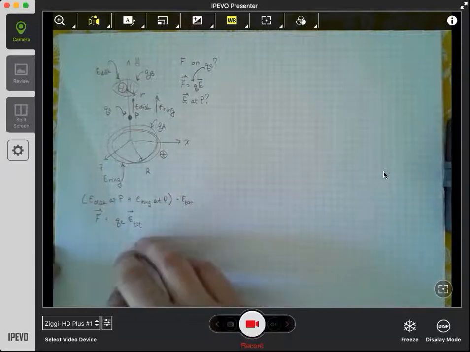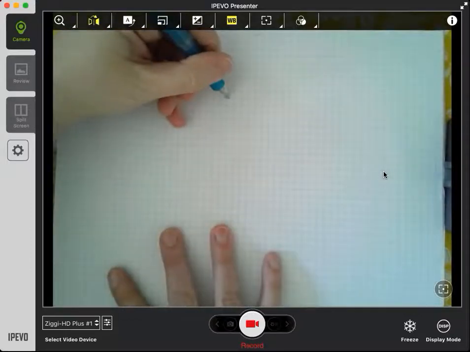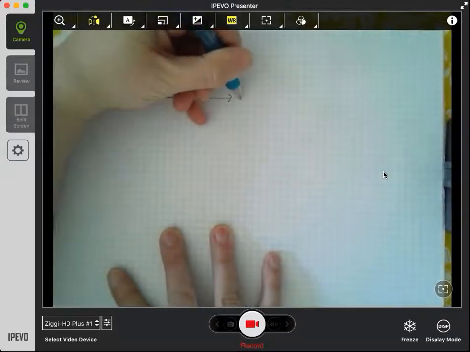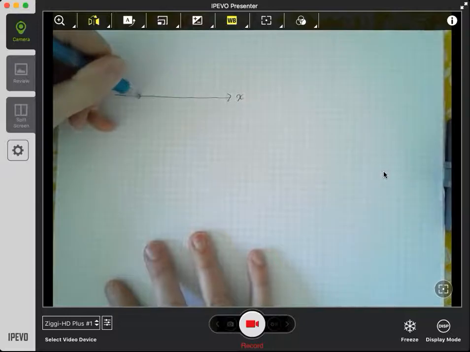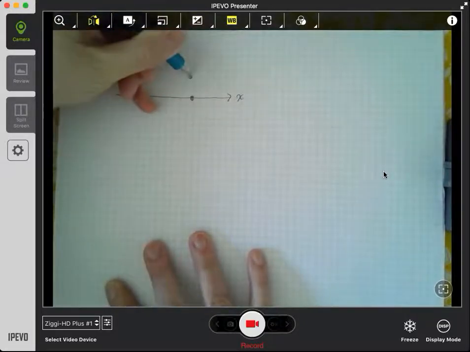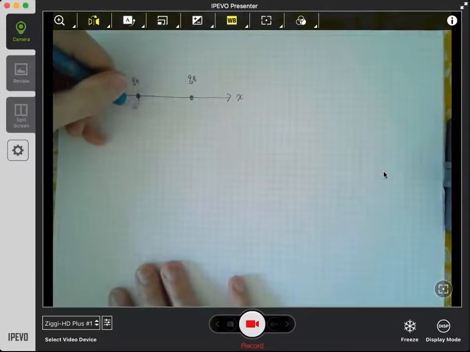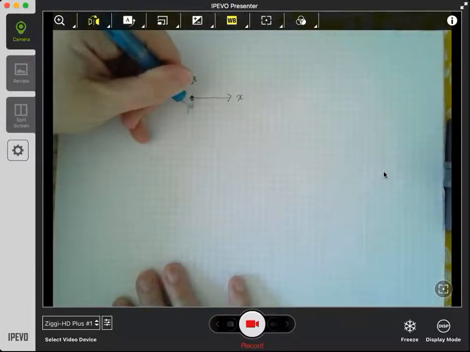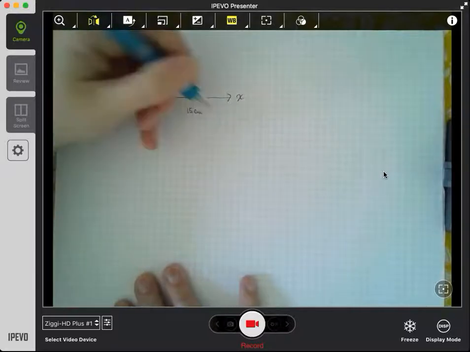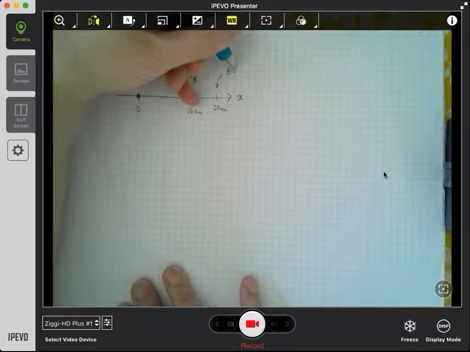All right, and then there was another kind of question that was similar to the last one we did along a line, but it was a little bit different. Let's take a look at one of those. So for that one, you might have some QA and some QB, located at 0 and, let's say, 15 centimeters. And then over here at 20 centimeters, we want the E field to equal 0.